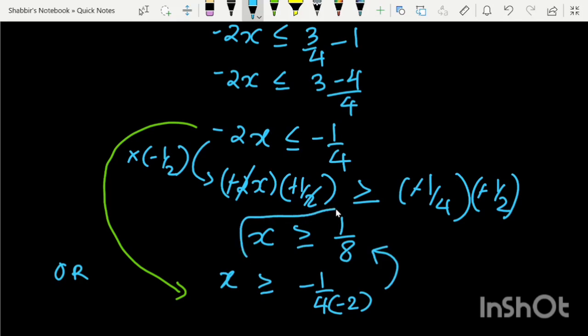So this is the answer, which you can write as x belongs to 1 by 8 to infinity in interval form.